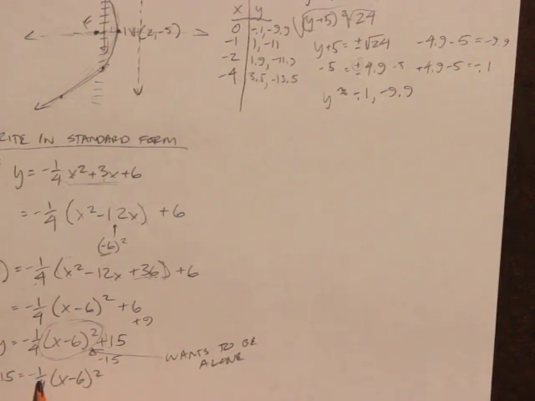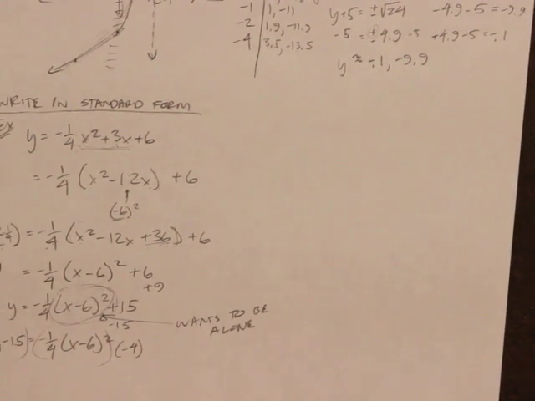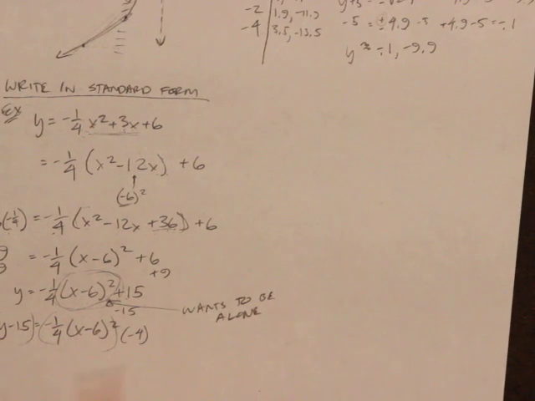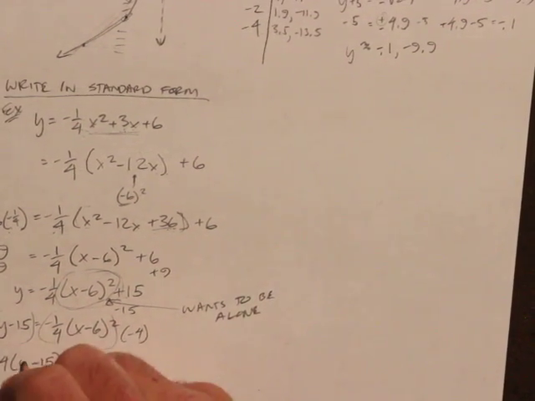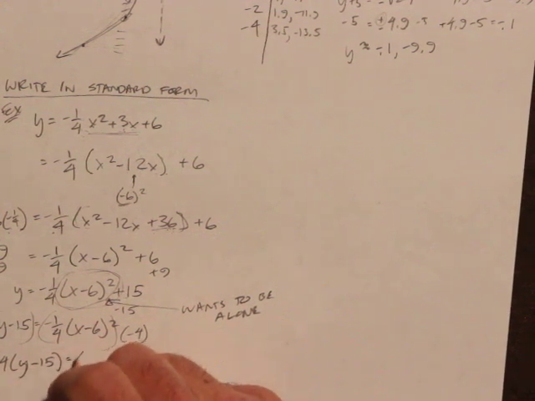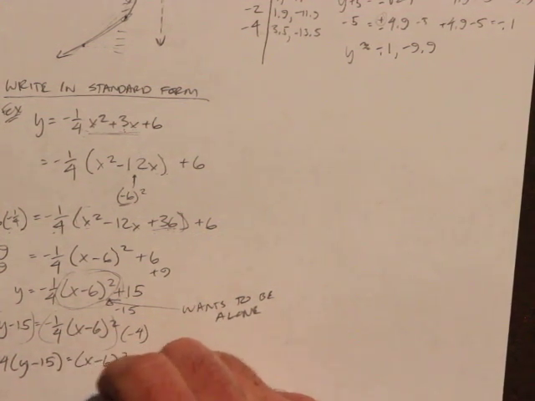Now, how do I get rid of this? I need to multiply both sides by negative 4. That'll make this a positive 1. So I've got negative 4 times y minus 15 equals x minus 6 squared.